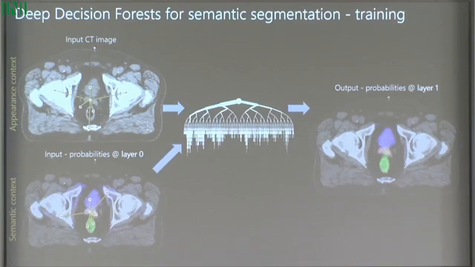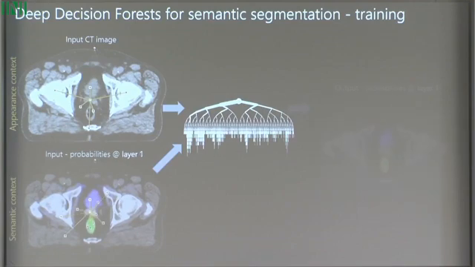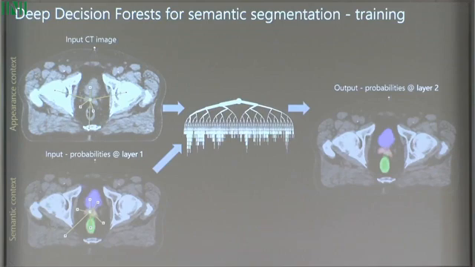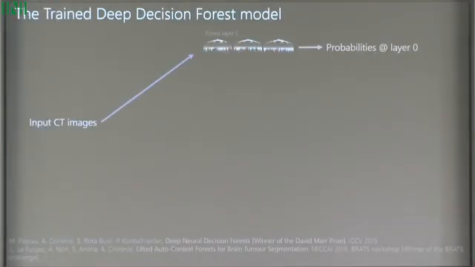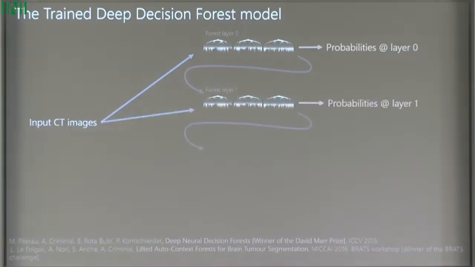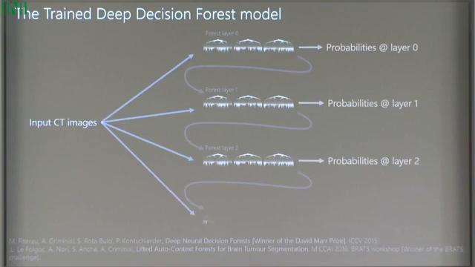So in the next step, we take the probability map from the earlier iteration and feed that back to the algorithm to learn another forest layer. And thereby we learn a cascade of forest layers. So again, we repeat this process for another forest layer, and this process continues until we learn a final segmentation layer for the problem.